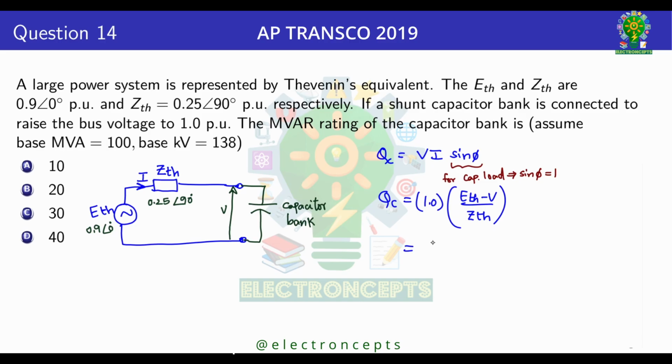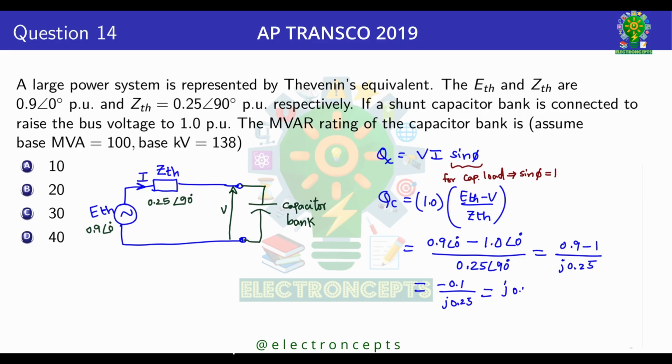which is equal to ETH is 0.9 at an angle 0 minus V is 1 per unit, therefore 1.0 at an angle 0, by ZTH, which is 0.25 at an angle 90 degrees, which is equal to (0.9 minus 1) by j into 0.25, which is equal to minus 0.1 by j into 0.25, which is equal to j 0.4.